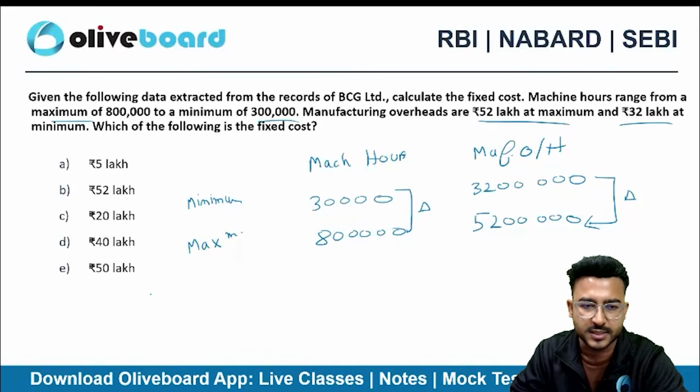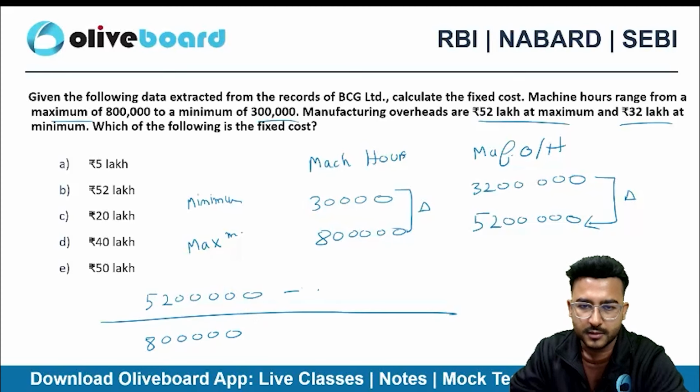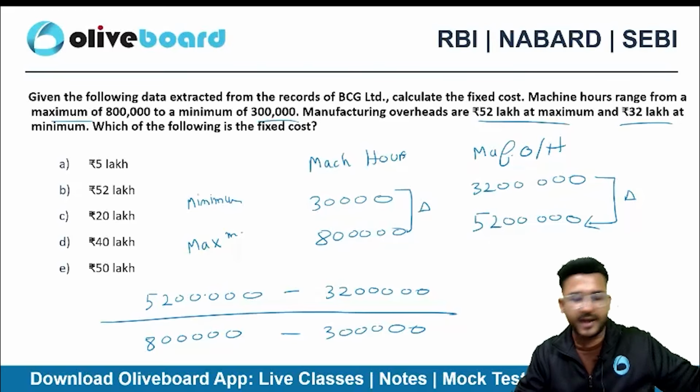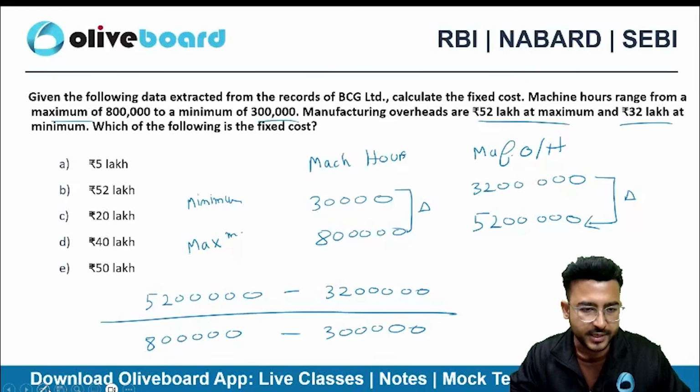So how much is the change in the manufacturing overheads? 52 lakh overheads I need to incur at 8 lakh machine hours, and 32 lakh manufacturing overheads I have to incur at 3 lakh machine hours. So 20 lakhs divided by 5 lakhs.